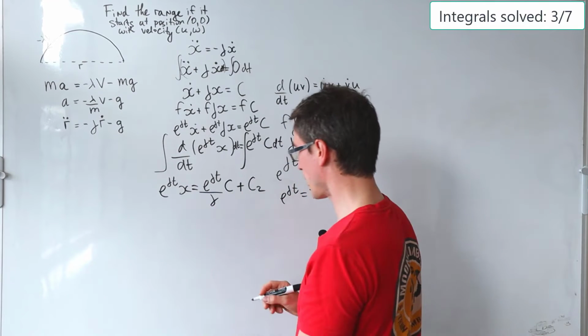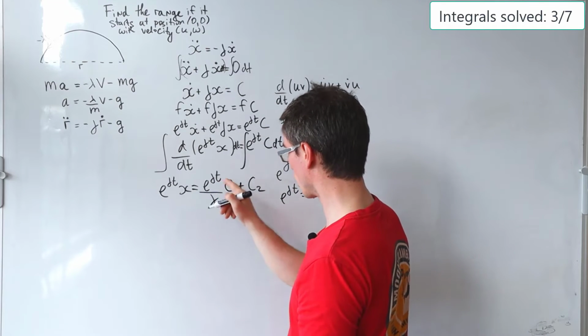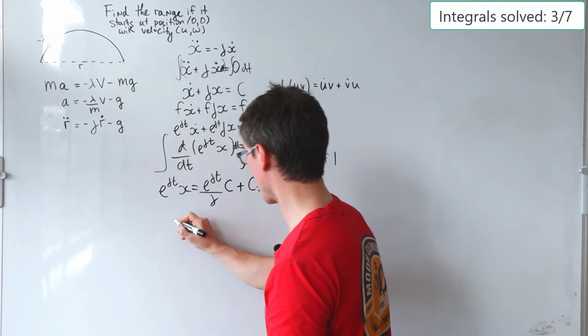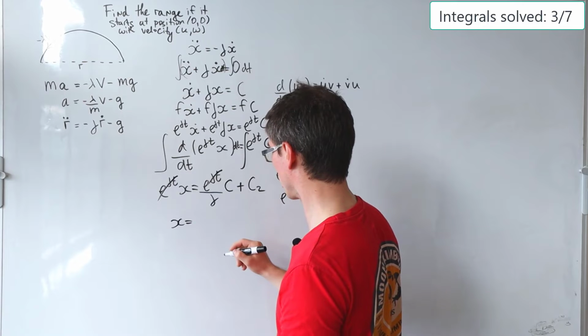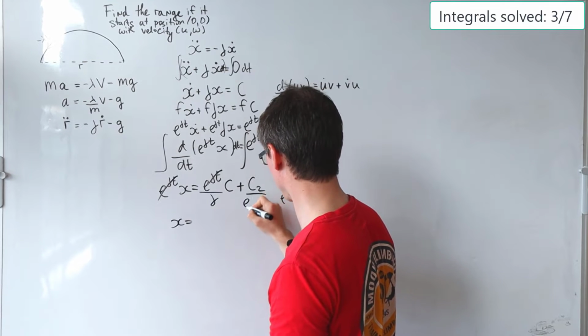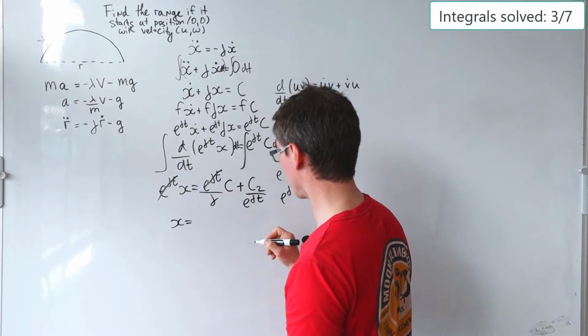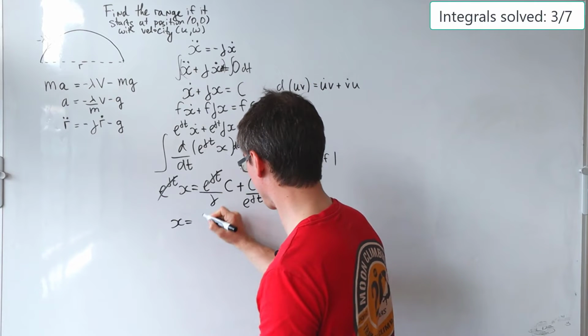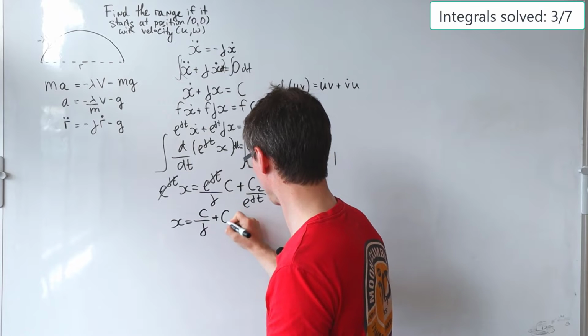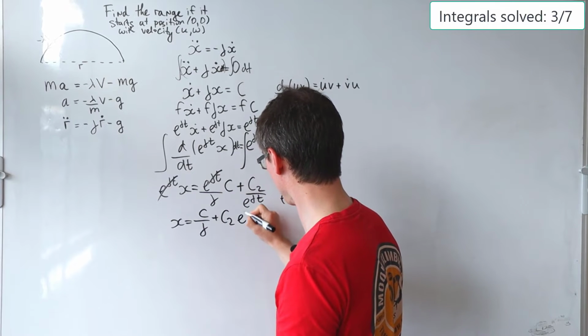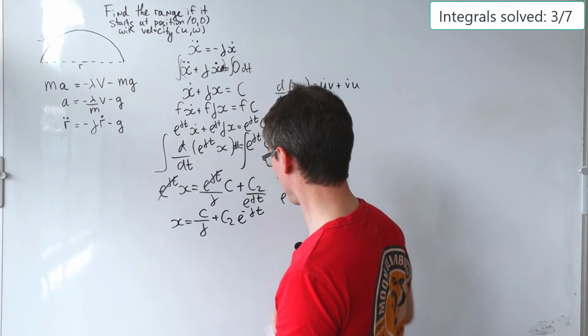Okay, we're nearly there. Now I can get rid of some of these factors. So I'm going to say that x is going to equal e to the gamma t. Let's see, what have we got left? We have c over gamma plus c2 multiplied by e to the minus gamma t.